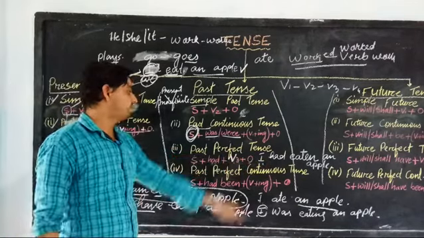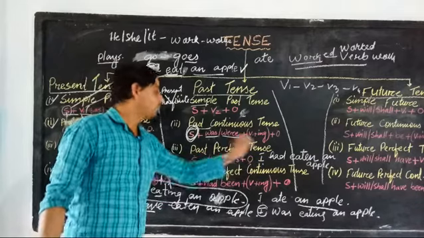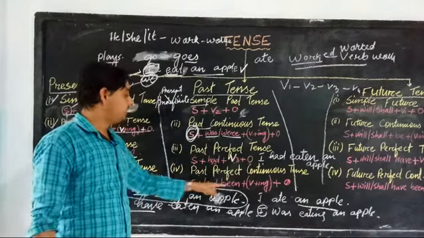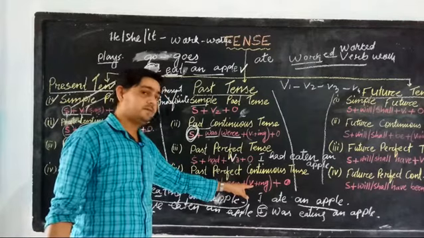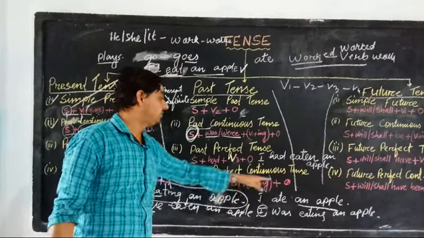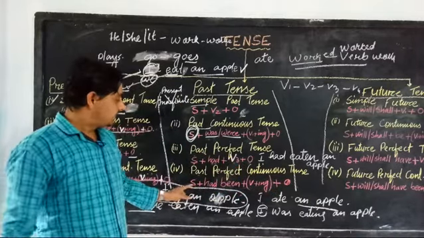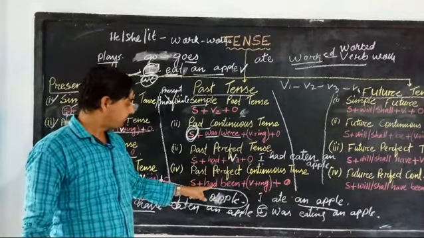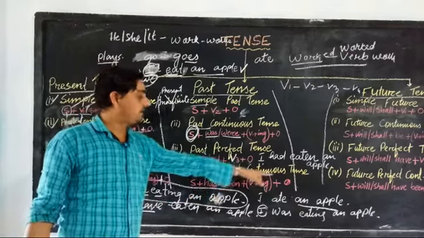Now, past perfect continuous tense. Subject, had been, first form of the verb, then we add ing to the verb, then object. I had been eating an apple.